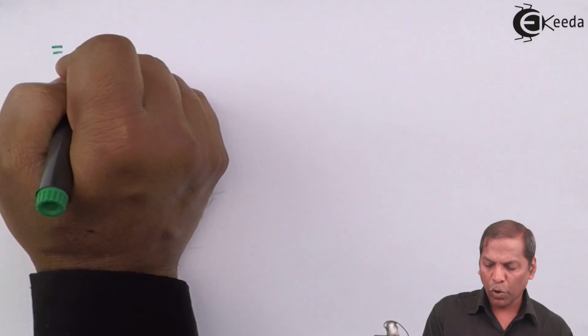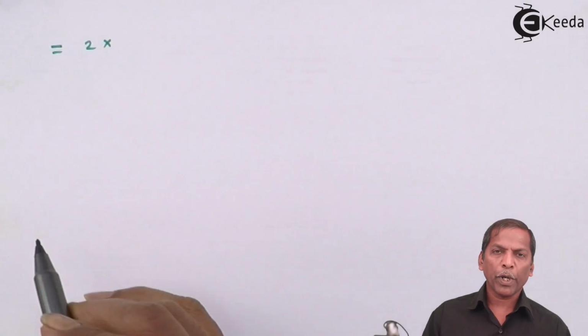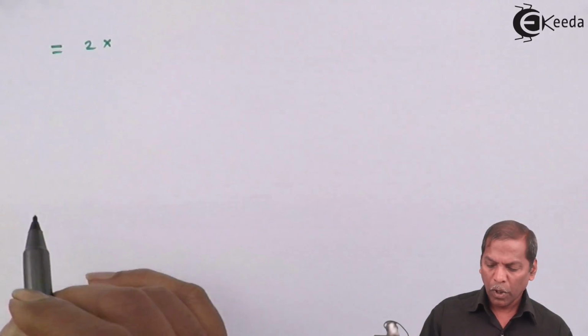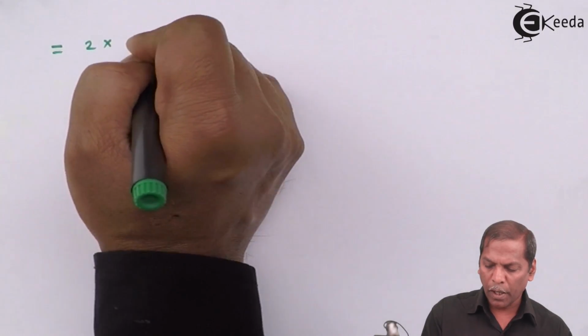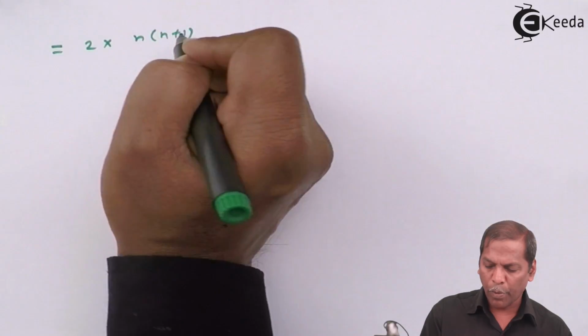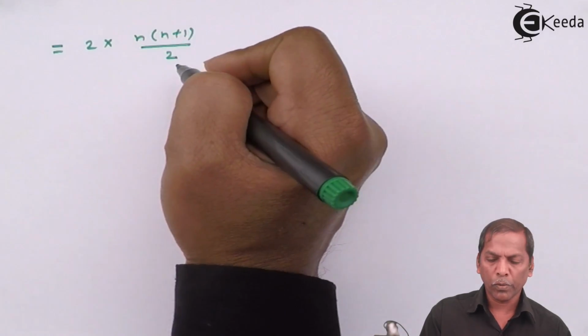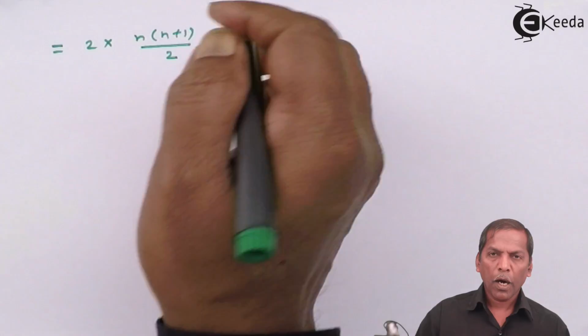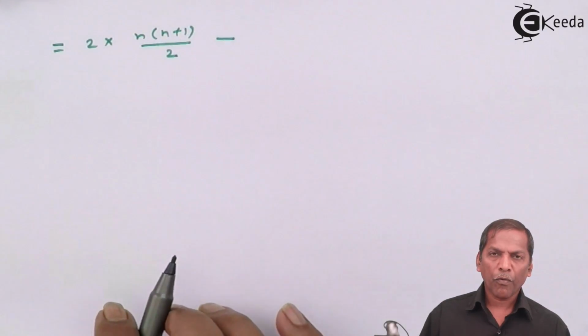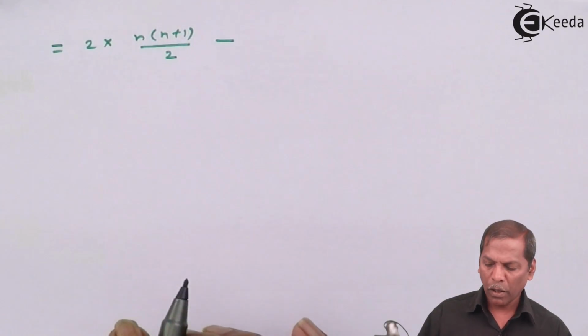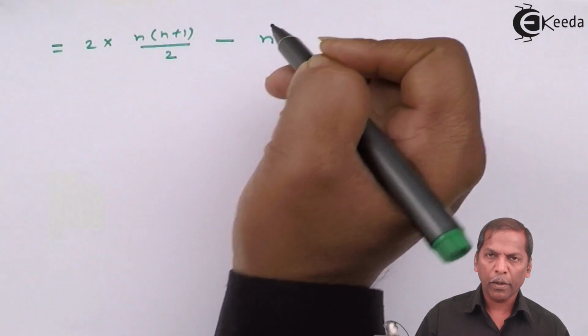So that equals 2 into, now summation r is given as n into n plus 1 upon 2, then minus, and summation 1 for r equal to 1 to n gives n.